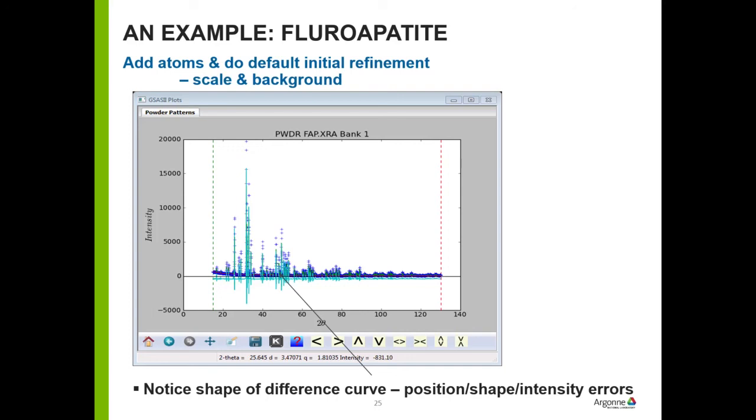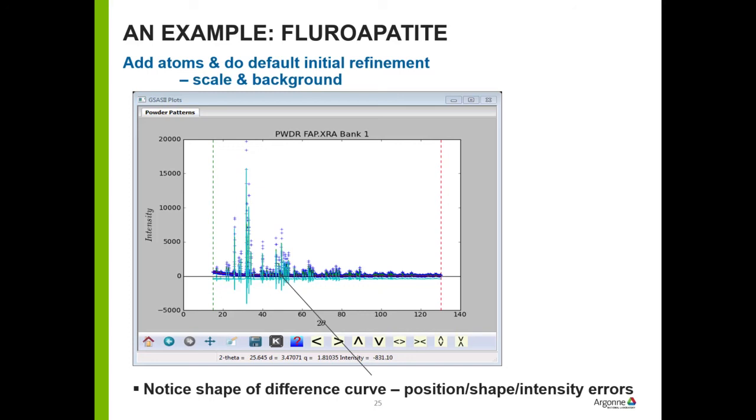It was the first X-ray example used in GSAS, though not the first one overall. The original data was collected in the 1970s by Ray Young and his associates, probably because he was interested in fluorapatites. It's the principal component of teeth.